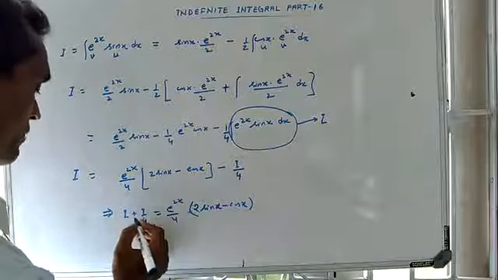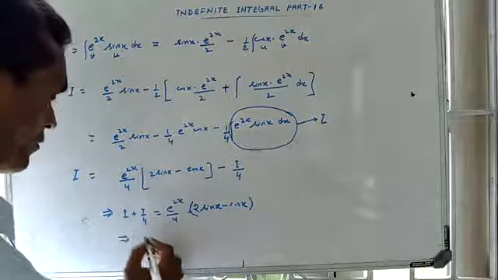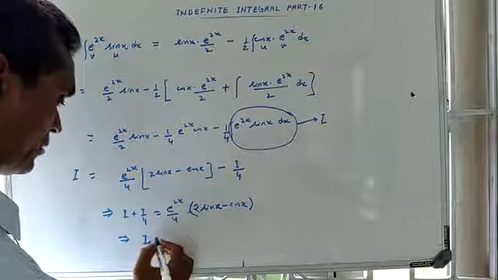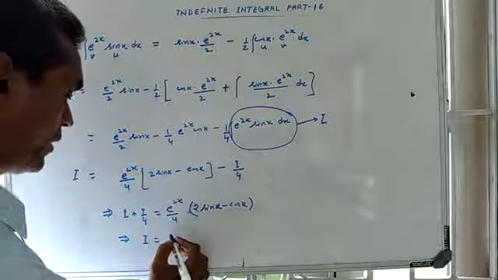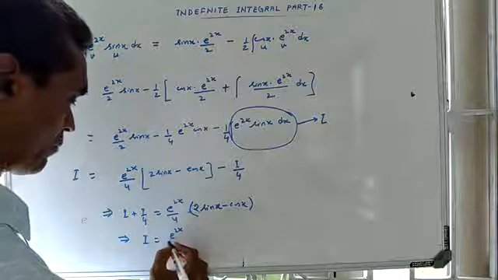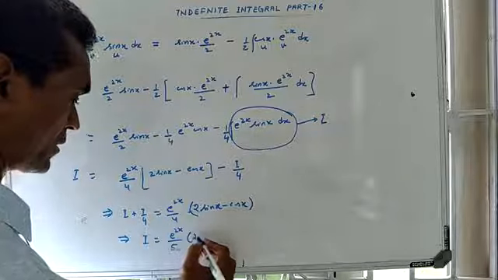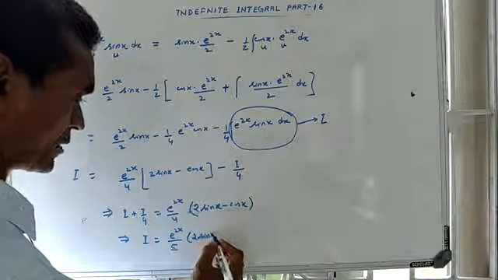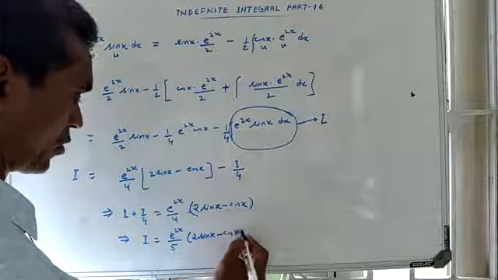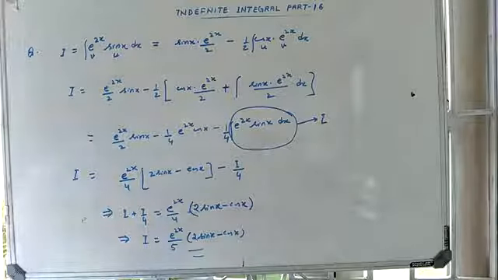This is 5I by 4, so the 4 will cancel, and I is equal to e to the power 2x by 5, twice sin x minus cos x. This is the answer of this question.